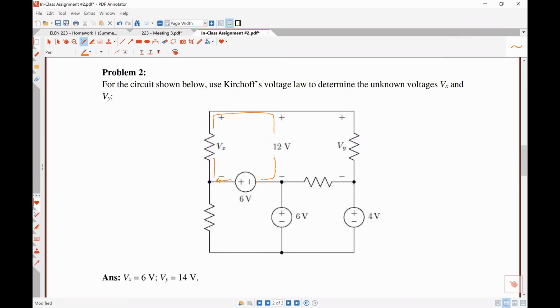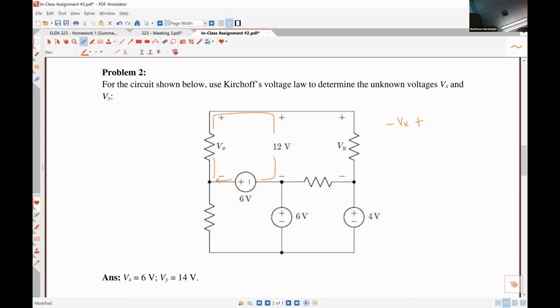Yes, sir. So I can write an equation starting at the bottom left-hand corner. I have negative Vx, because I see the negative polarity terminal of the voltage Vx first. Now I'm coming up along the top, and I see the positive polarity of that 12 volt drop.